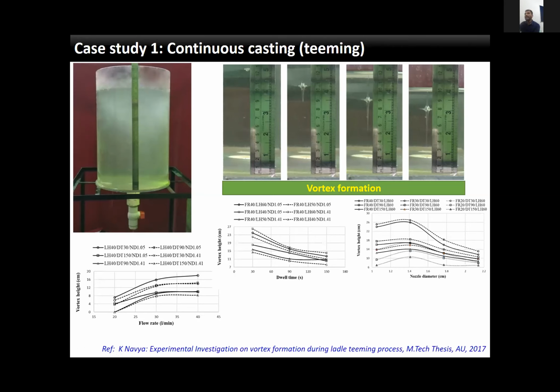So we maintain that Froude number and then we study. The parameters here are the flow rate, meaning the initial filling flow rate. When you fill the water into this vessel, it will be in motion. If you fill the liquid at different flow rates, like 20, 30, 40 liters per minute, the residual velocity present in the liquid will be different.